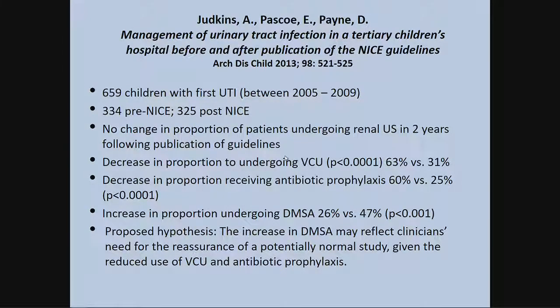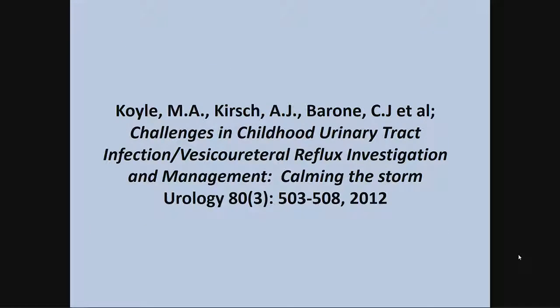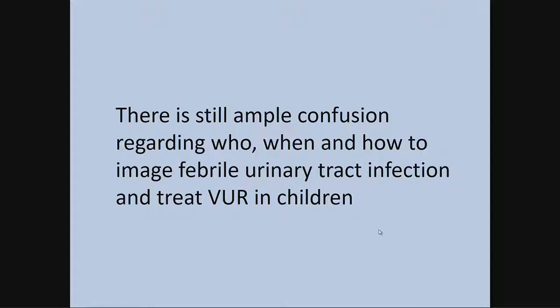This was from the Perth group, and they analysed pre and post NICE guidelines, and while they found there was a definite decrease in cystograms and prophylactic antibiotics, there was an increase in the number of DMSAs, which was counter to the NICE guidelines, and they felt that this was because clinicians needed the reassurance of a normal study given the reduced number of cystograms and prophylaxis. This paper said, don't worry, we're going to calm the storm, but concluded that there was still ample confusion.